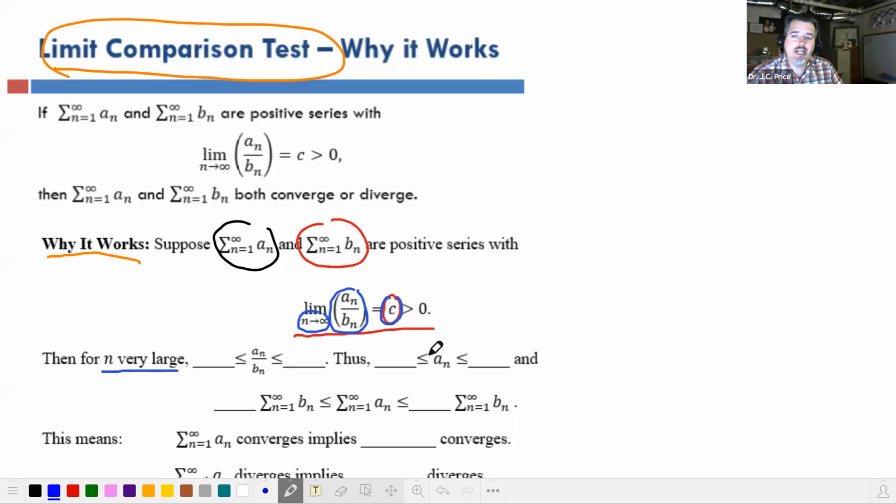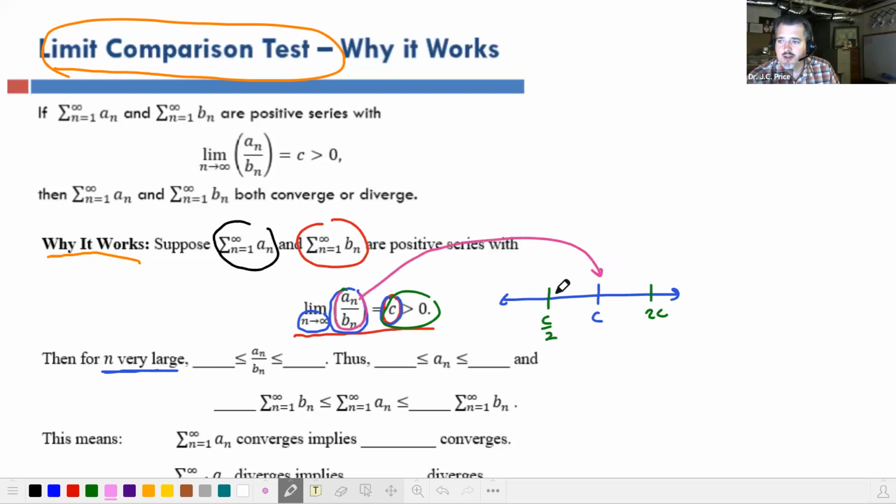And so what we can say here then is for n very, very, very large, here's my c value, we can stuff this ratio between 2 times c and c over 2. Because remember, c is actually bigger than 0. And so this little ratio here lives somewhere inside this region. I don't know where, but I can stuff it inside of there, basically, is what I'm saying.